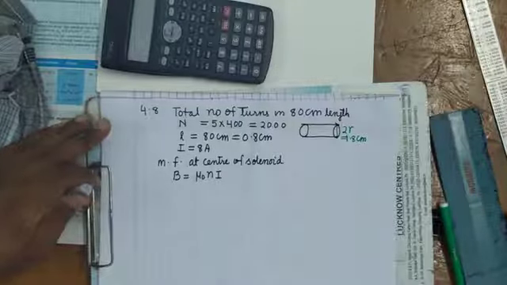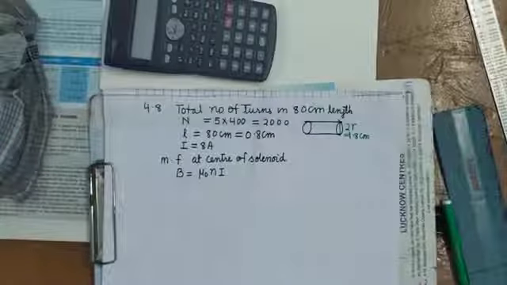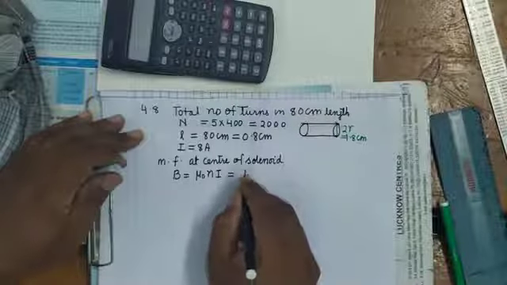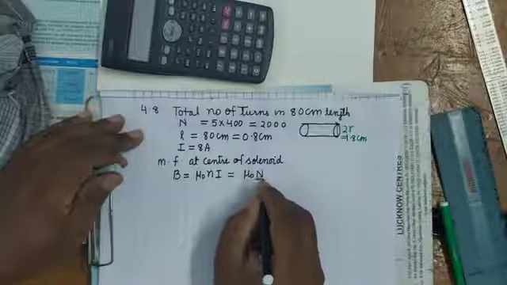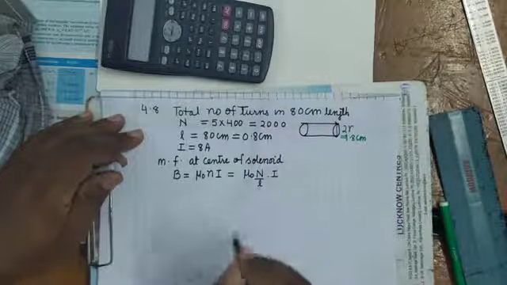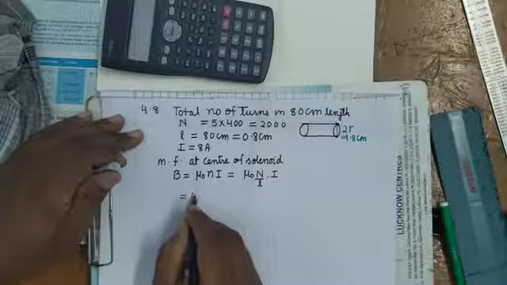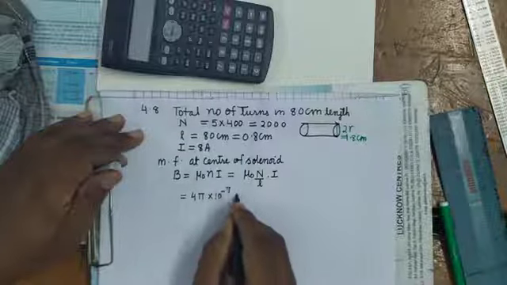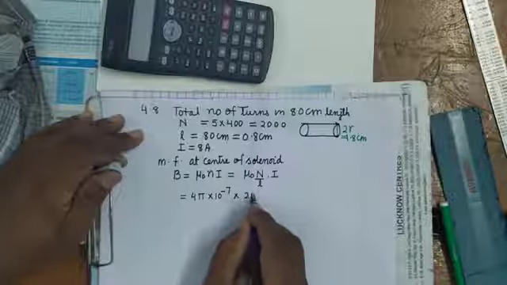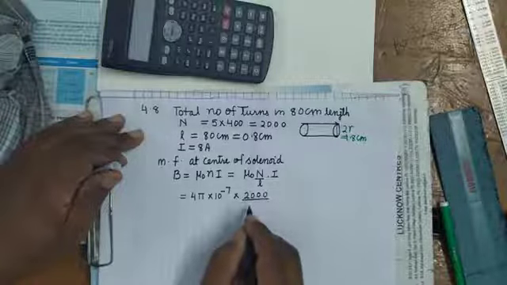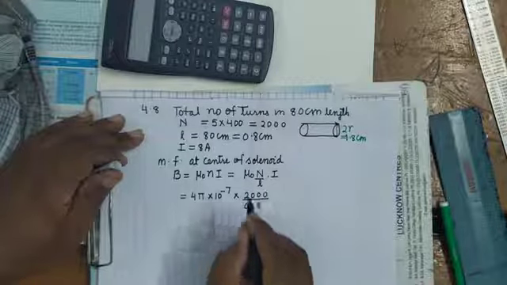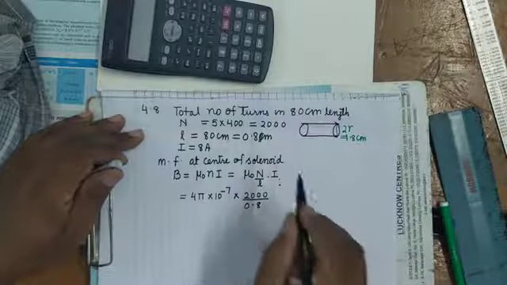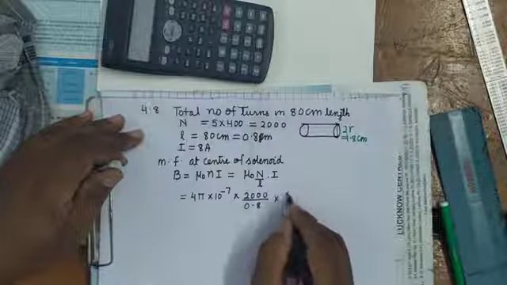It is the number of turns per unit length, which is equal to capital N upon L. Capital N upon L into I. You substitute the values. 4 pi into 10 power minus 7. Capital N is 2000. Small l is 0.8 meter. 80 centimeter means 0.8 into I is 8.